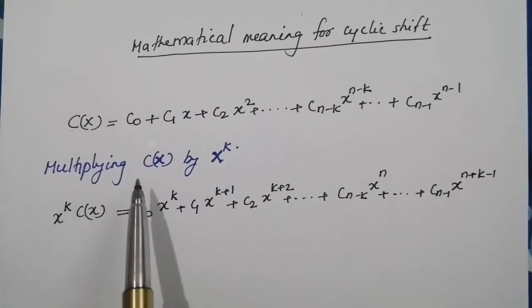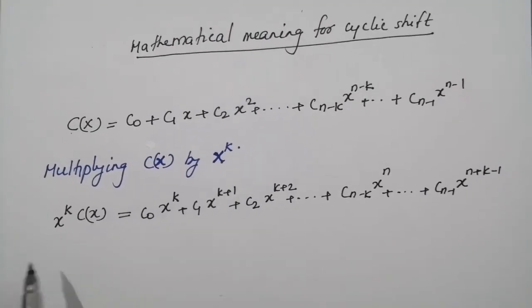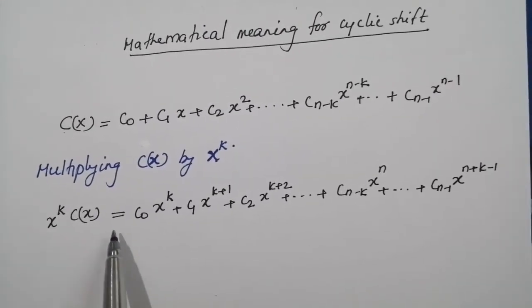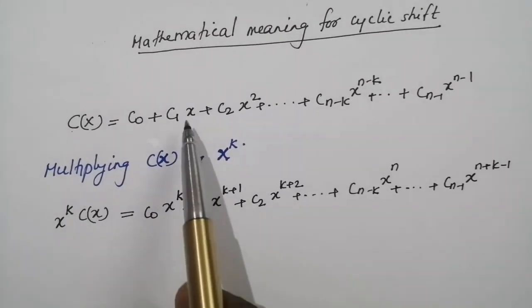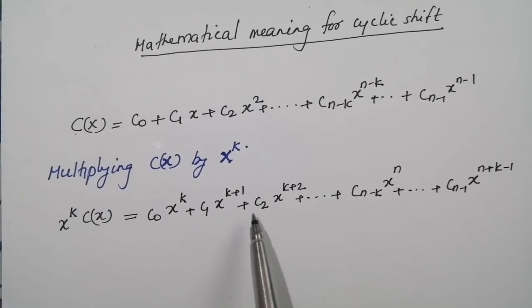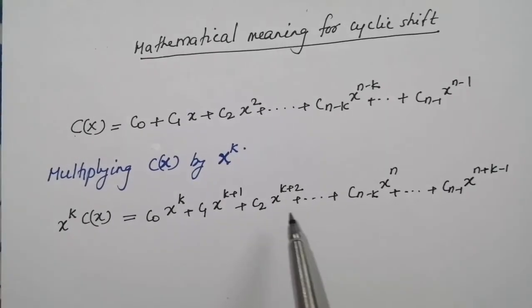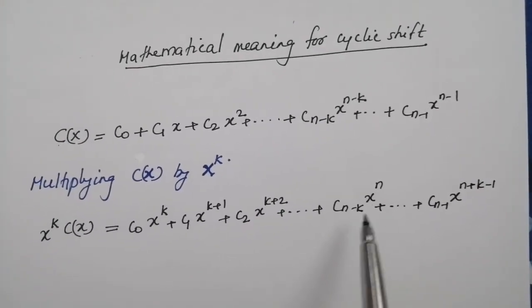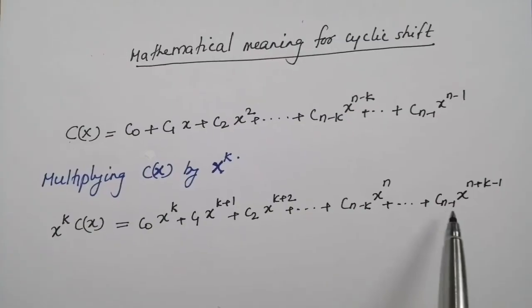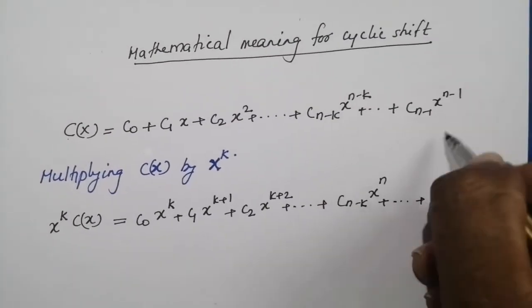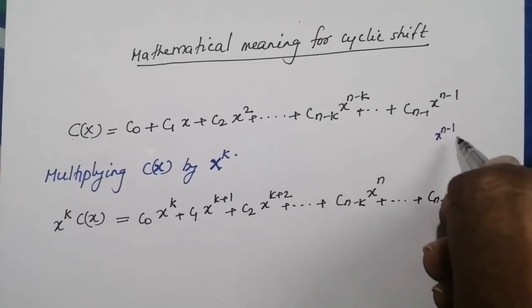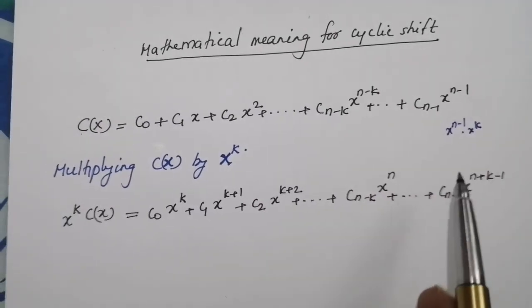Now multiplying C of x by x raised to k, that is x raised to k C of x, is given by C0 x raised to k, C1 x raised to k plus 1, C2 x raised to k plus 2, plus etc., Cn minus k x raised to n, plus etc., Cn minus 1 x raised to n plus k minus 1, that is x raised to n minus 1 into x raised to k.